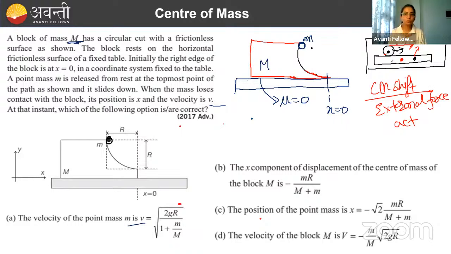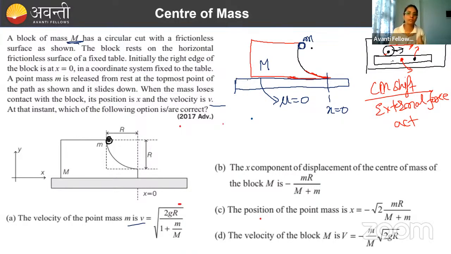But this force won't be taken as external force because this ball is part of the system, because I have considered ball and plank as a system. So whatever force the ball is applying on the plank because of its motion will be internal force. And because of internal force, no center of mass shifting will happen. And if center of mass remains here only, then if the ball is shifting in this direction, the plank will shift in this direction to maintain the center of mass at this point. Agree? So that will happen.